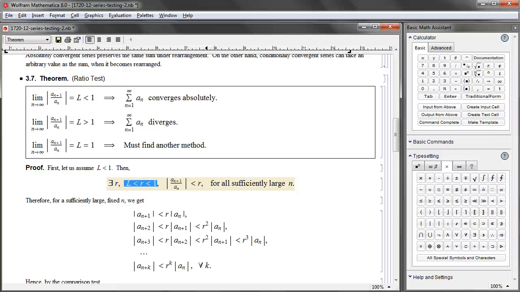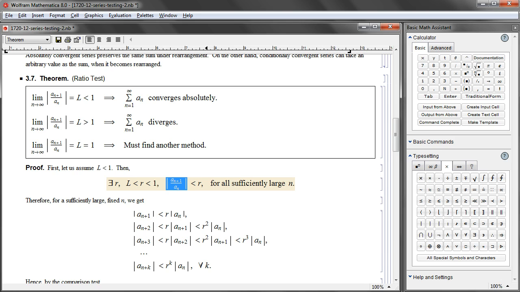However, when L is strictly less than 1, we can do that. And then R is a little bit greater than L, so for sufficiently large n, this ratio a_{n+1} over a_n, or absolute value of it, will be less than R, which is a little bit greater than L, but still less than 1. So that's how this convergence is working.